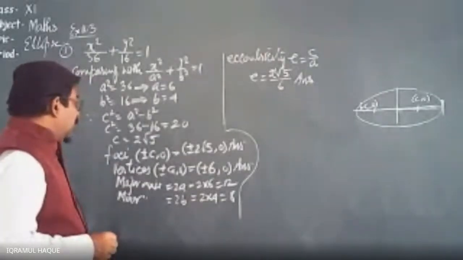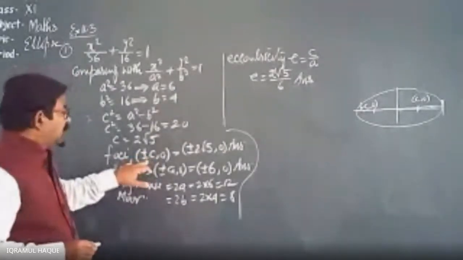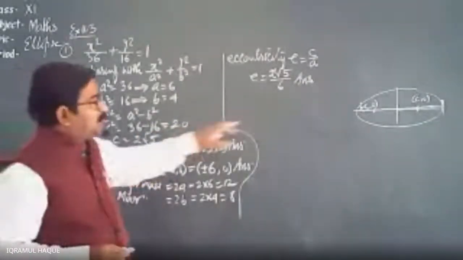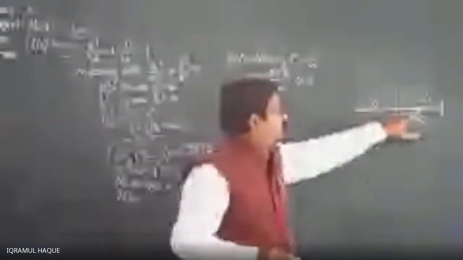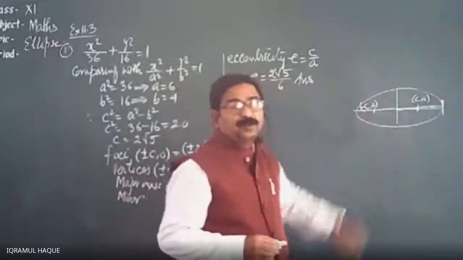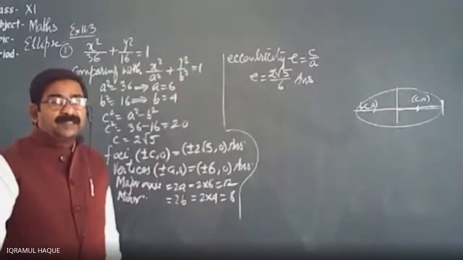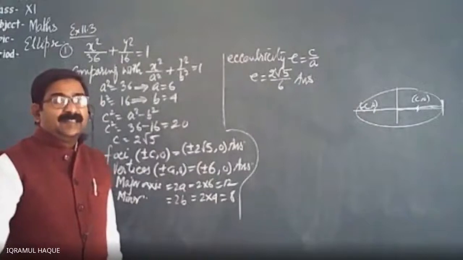Sir, the value of c is plus minus 2 root 5, right? Yes, I have written plus minus because on this side we have 2 foci, so minus also, plus also. Sir, should we write eccentricity plus minus both? Sir, e equal to c upon a, so plus minus 2 root 5 upon 6? C is always taken positive, this is a length, and length is never negative.